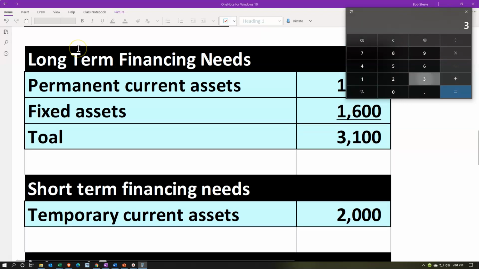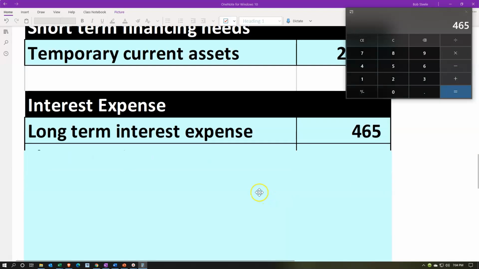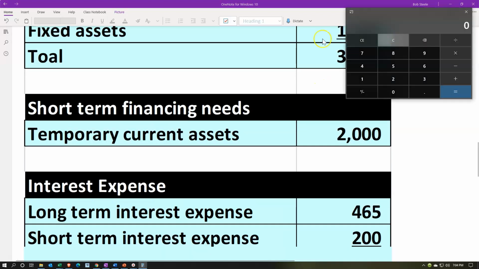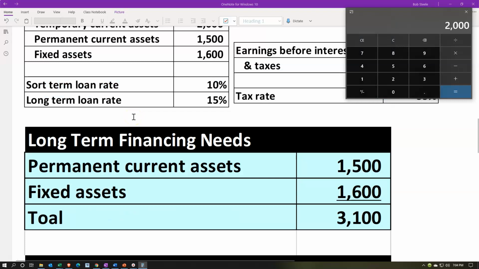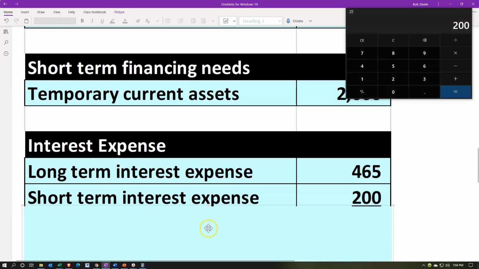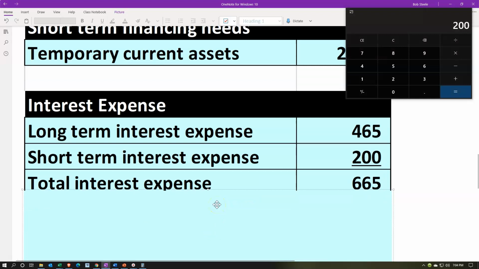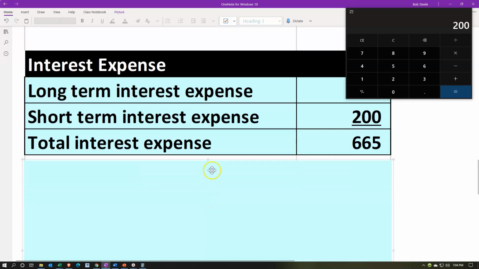So 0.15 times 3,100 gives us 465. For short-term financing, we take that 2,000 times the short-term rate up top, 10%, or 0.1. That's going to be our 200. Adding those together, the total interest would be 665, given those rates on the financing.